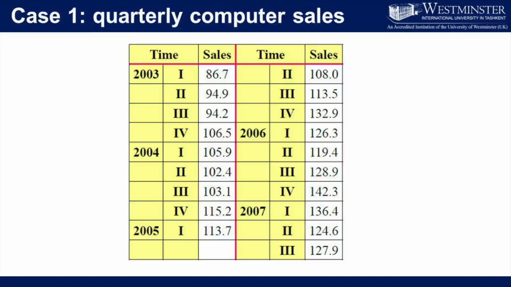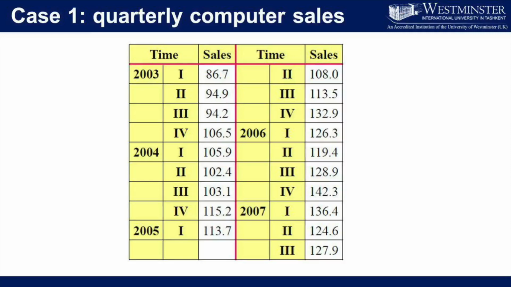We are asked to forecast computer sales for 2007 quarter 4. So let's assume now it's 2007, quarter 3 has ended, and you have this information. Now you need to forecast your sales for the next quarter. How much will it be? All right? So here you have the sales.